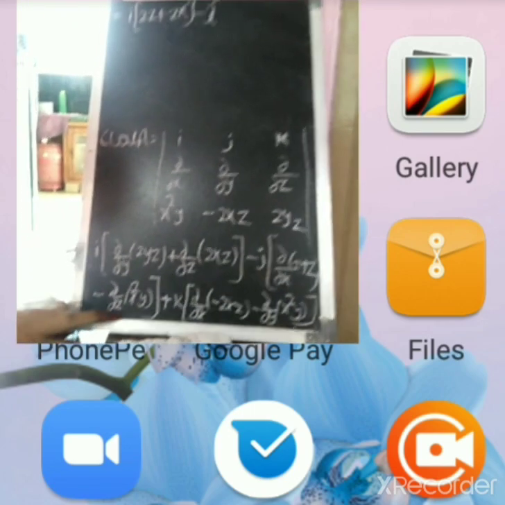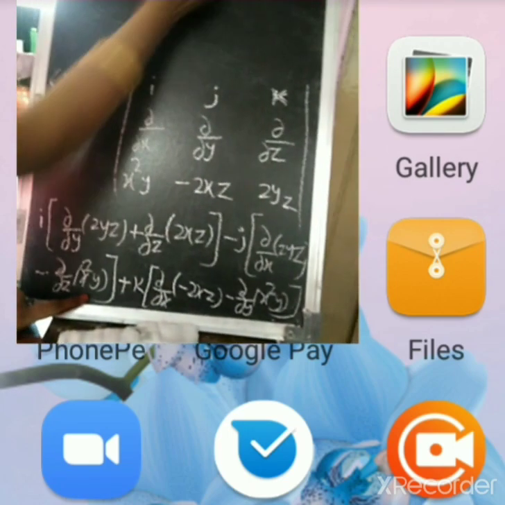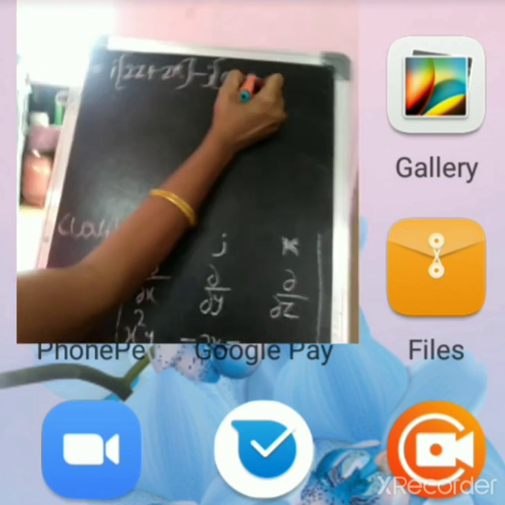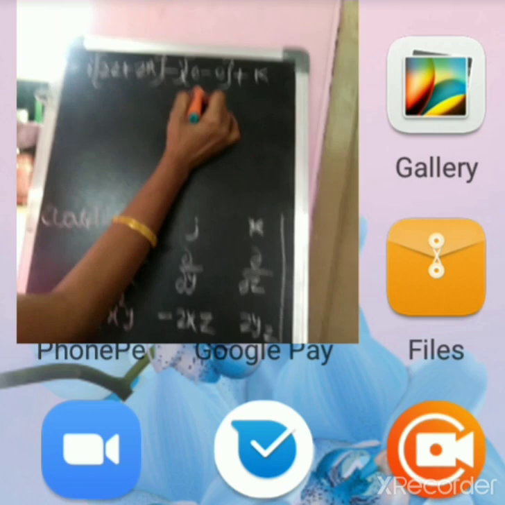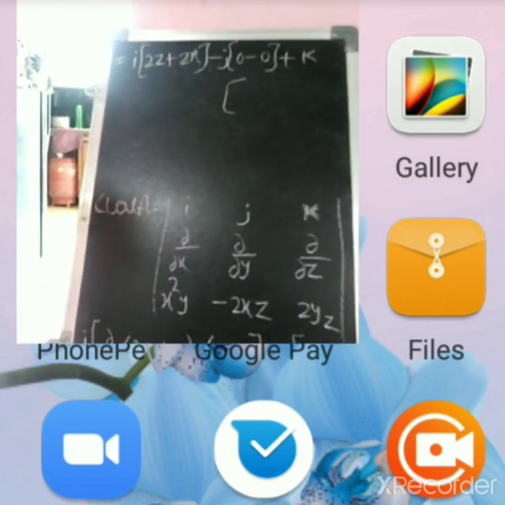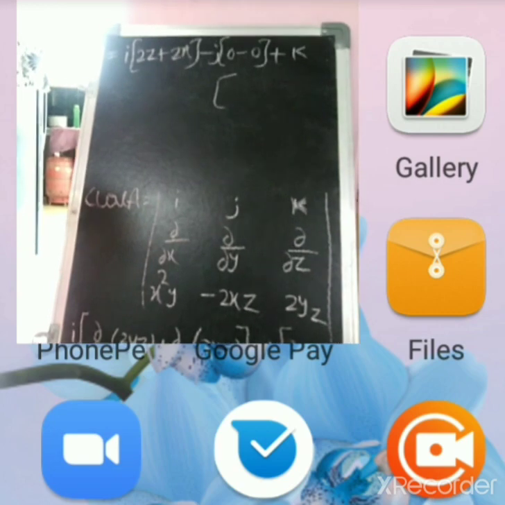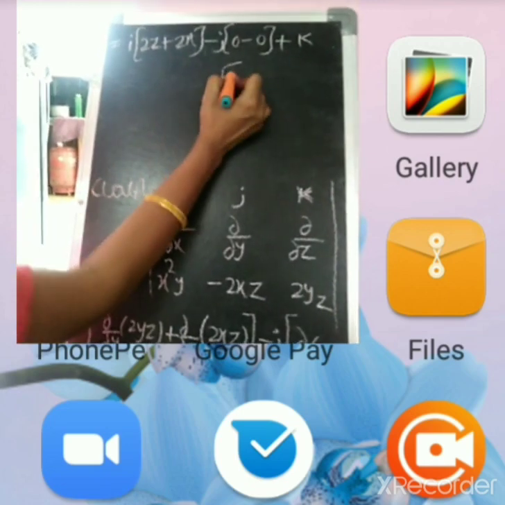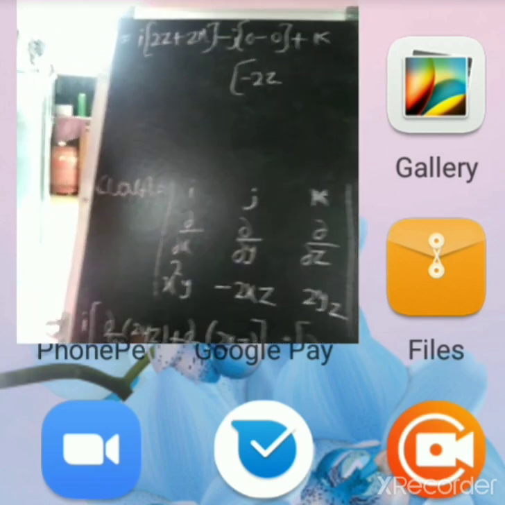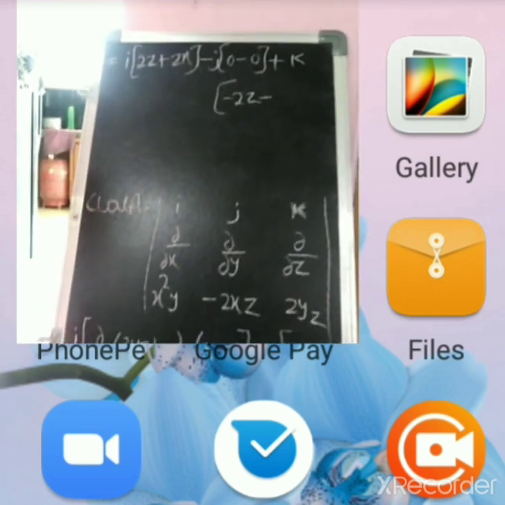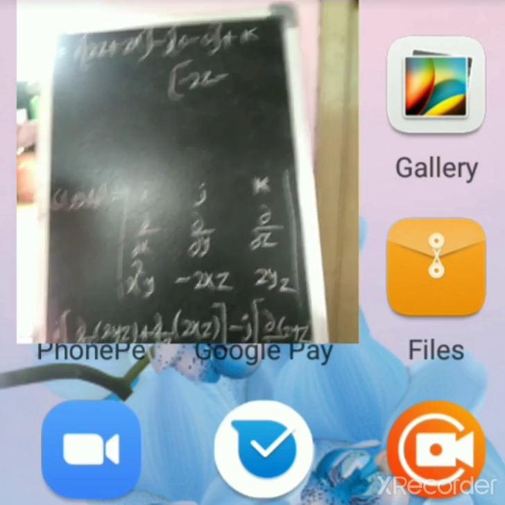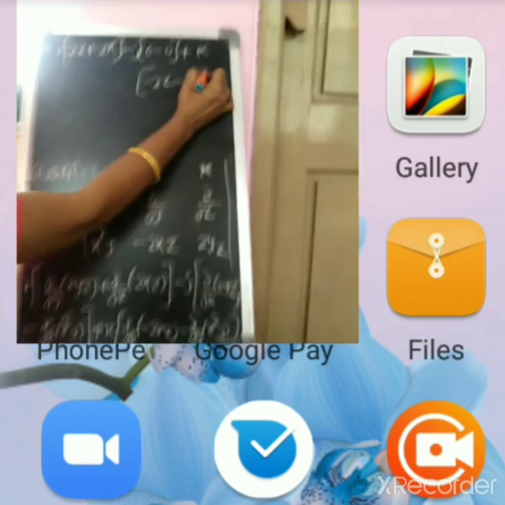Next one is also x square y, here no z value, so this is 0, so 0 minus 0. Plus k into, with respect to x, minus 2z is constant and dou by dou x of x is 1, so minus 2z. Next minus with respect to y, here x square is outside and dou by dou y of y is 1, so that is x square. So this is the total value of curl A.